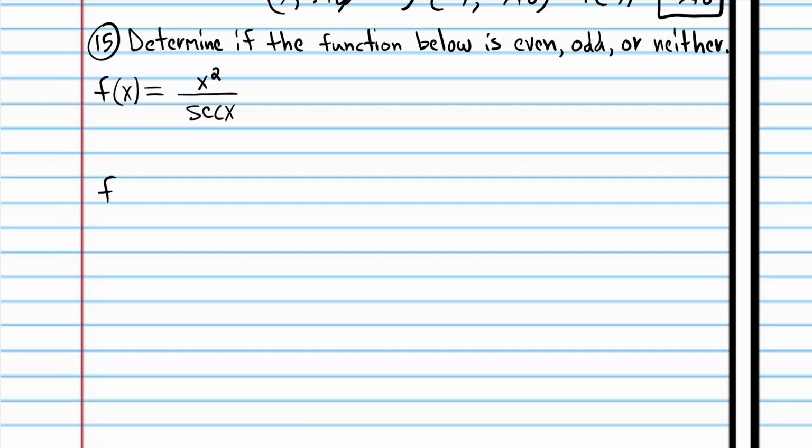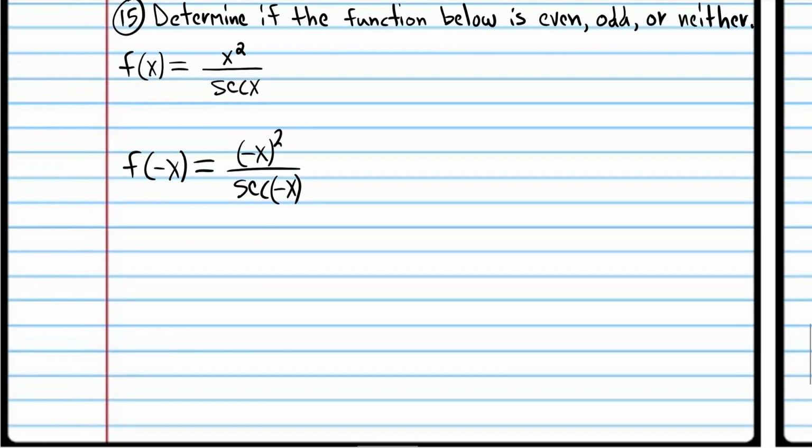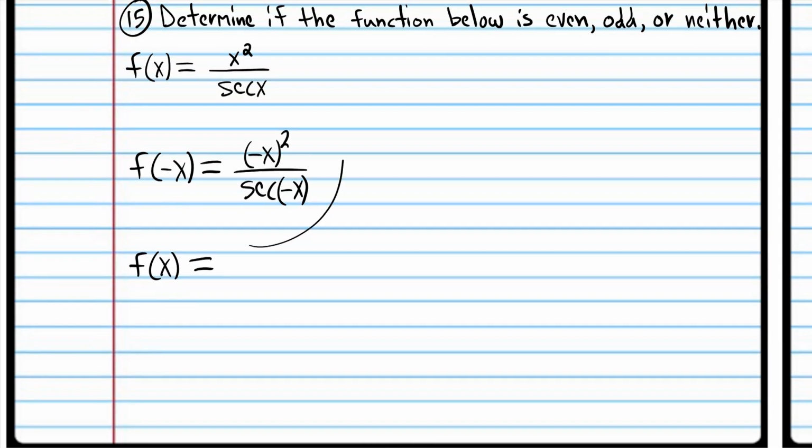Okay, we're back. So to figure out if a function is odd or even or neither, we simply replace x with negative x. It's that simple. Then we simplify. And if we get the same expression that we started with after simplifying, then that means it's an even function that is symmetric about the y-axis.